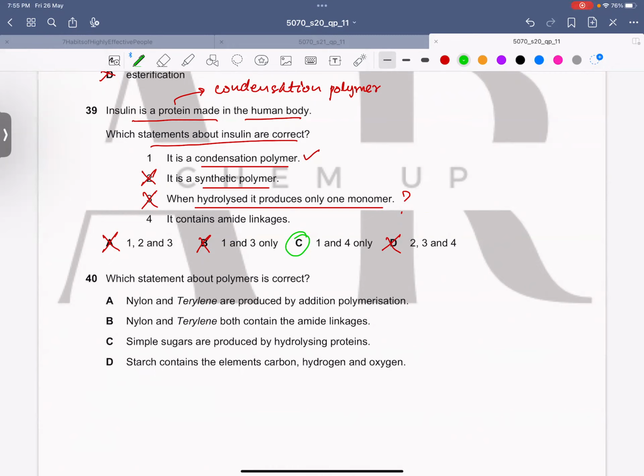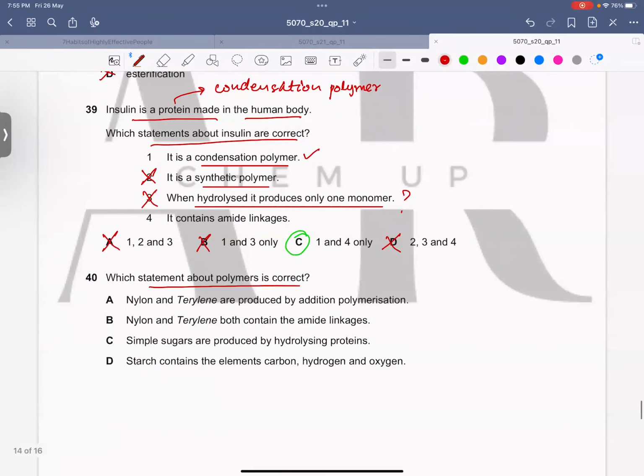Question number 40. Which statement about polymers is correct? Nylon and terylene both produced by addition polymerization? No, they are condensation polymers. Nylon and terylene both contain the amide linkage? No, wrong. Nylon contains amide and terylene contains ester linkage. Simple sugars are produced by hydrolysing protein? Very wrong.